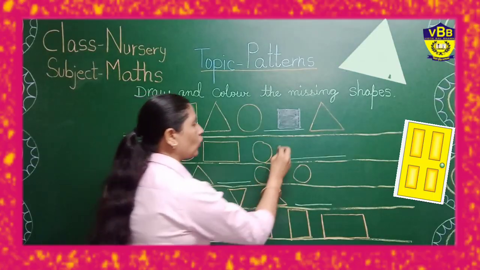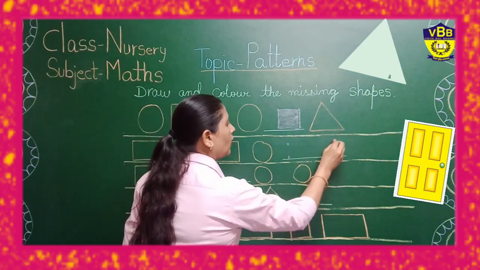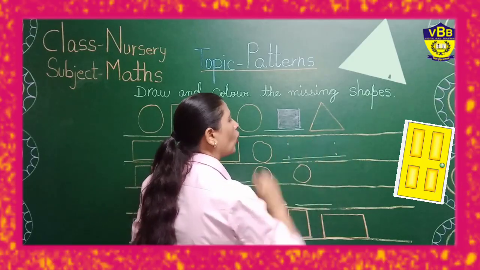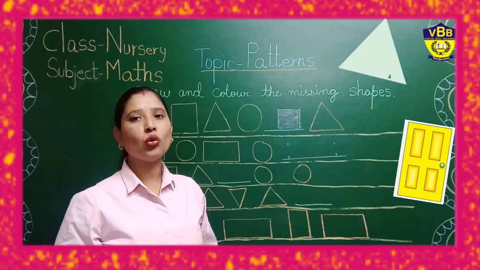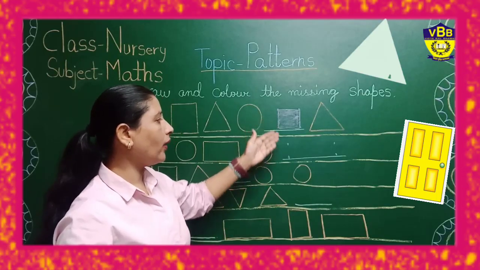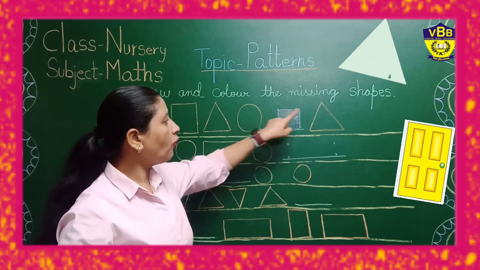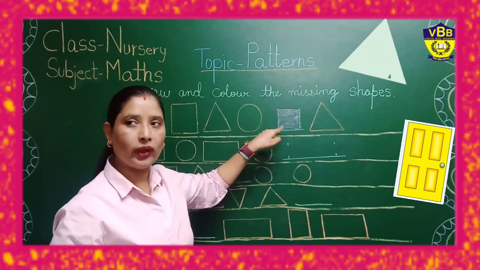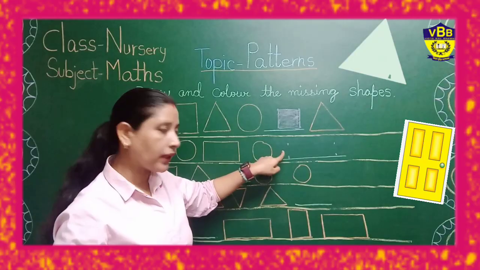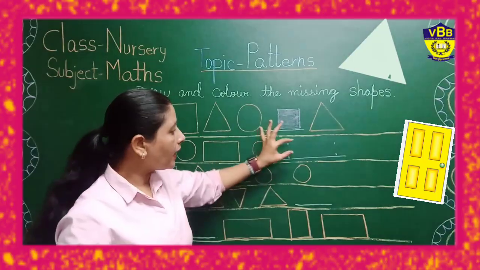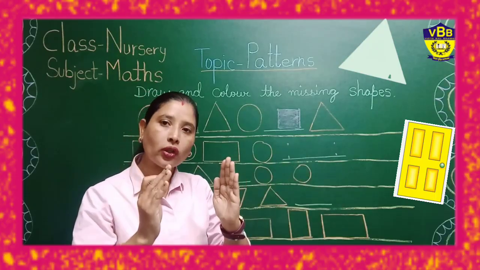Yes, we are going to draw a rectangle. And how will we draw it? We have to put 4 dots. And children, I can see there are many students who are confused between square and rectangle. So the square is an object whose all 4 sides are equal. But in the rectangle, 2 sides are long, but 2 sides are short.